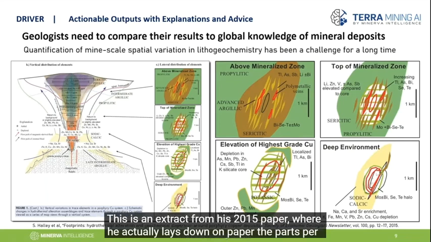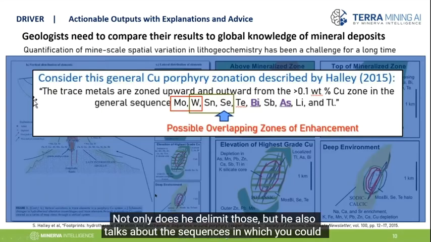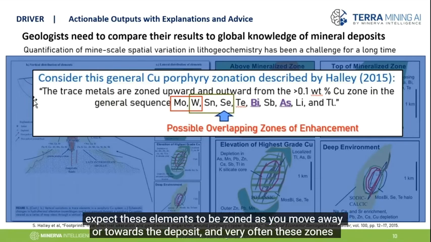And this is an extract from his 2015 paper where he actually lays down on paper the parts per million levels we'd expect at different parts in and around a porphyry copper deposit. Not only does he delimit those, but he also talks about the sequences in which you could expect these elements to be zoned as you move away or towards the deposit.